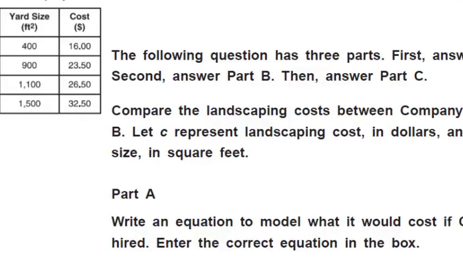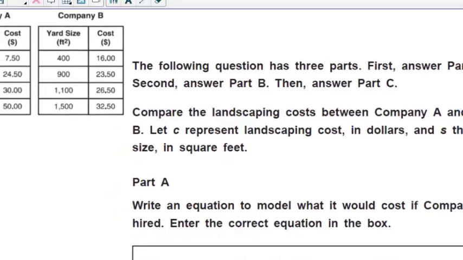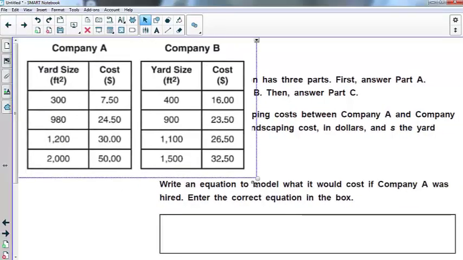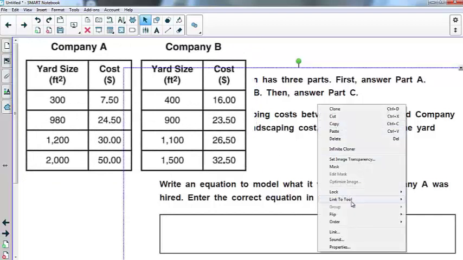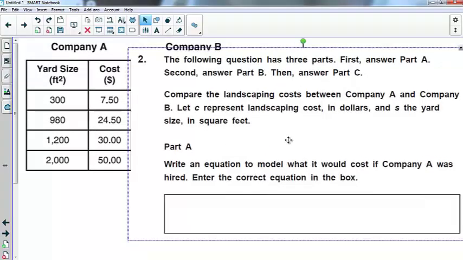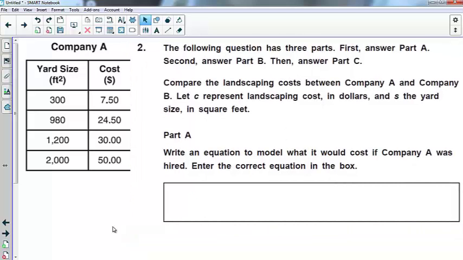So on part A, it says write an equation to model what it would cost if company A was hired. Enter the correct equation in the box. Okay, so company A, let's do. There.